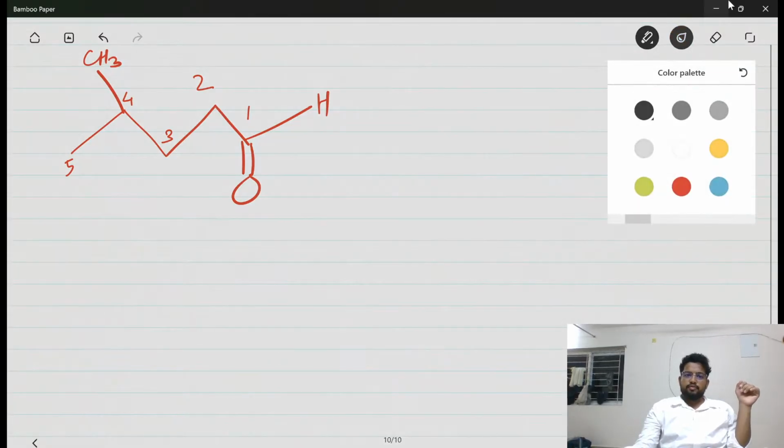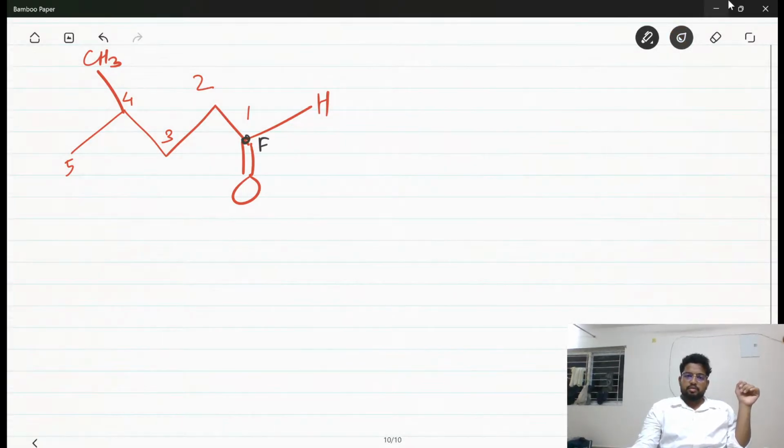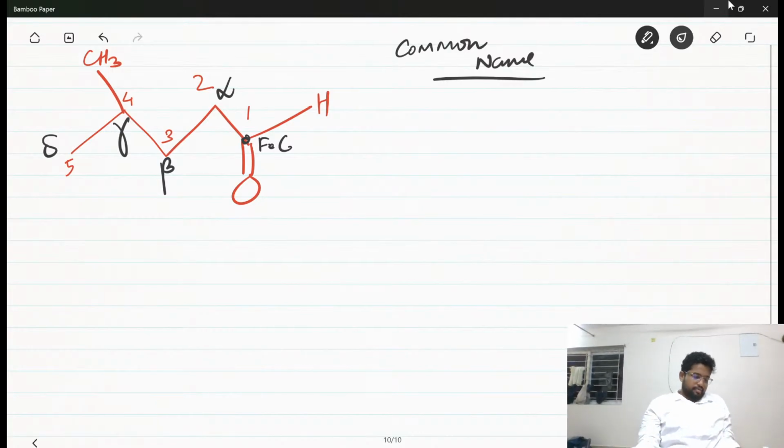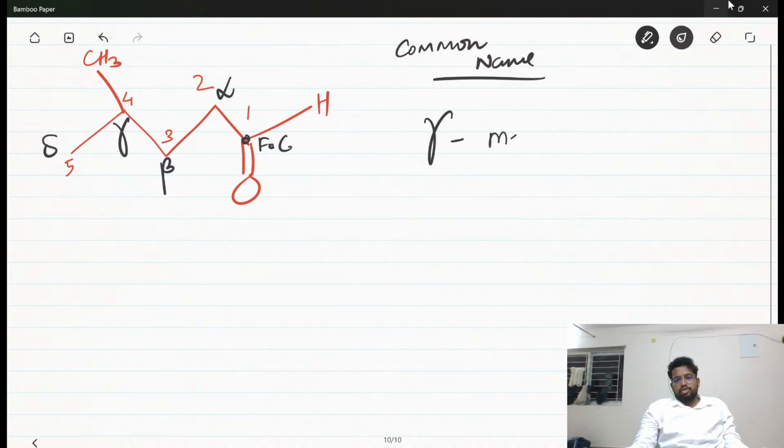See, this is your functional carbon, this is your alpha carbon, beta carbon, gamma carbon, delta carbon. So what would be the common name of this one, and can you decide the IUPAC name of this structure? First the common name. The common name is gamma position has methyl, so gamma-methyl valeraldehyde.